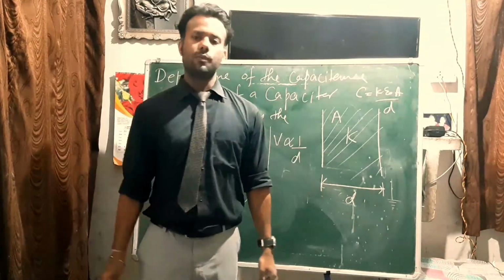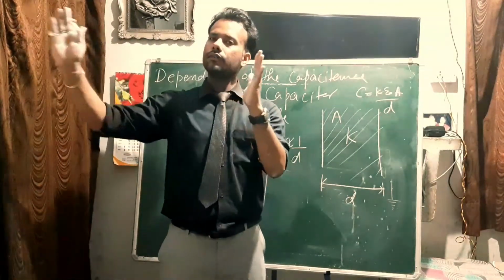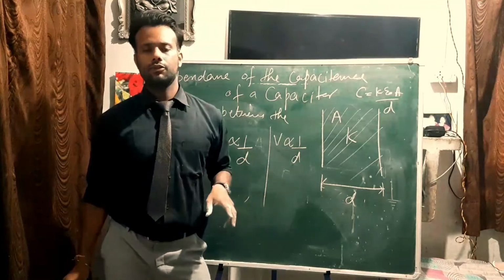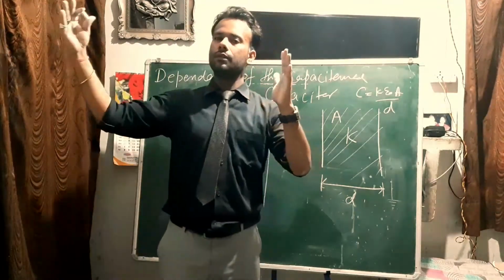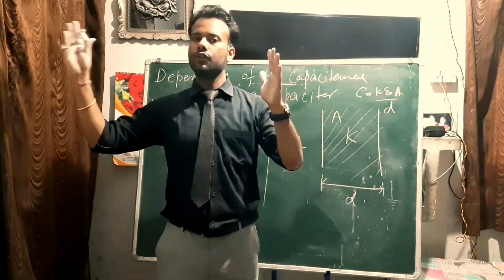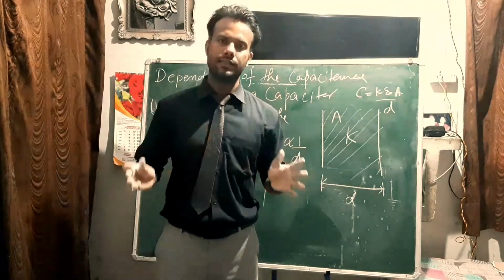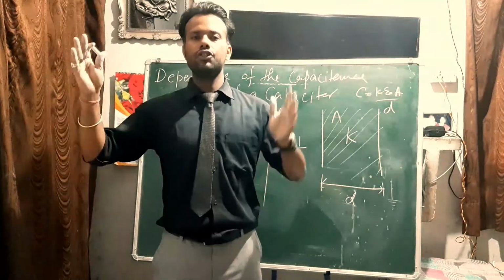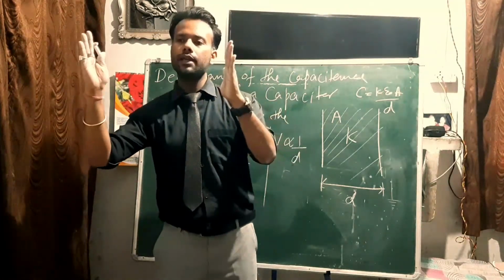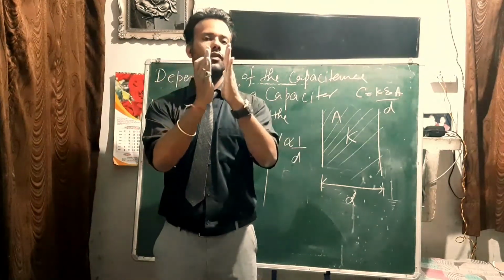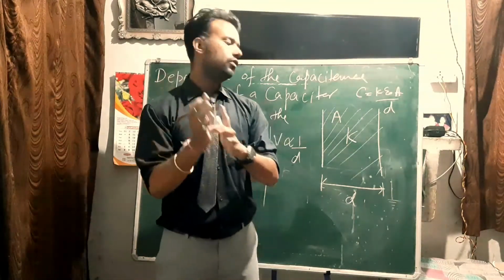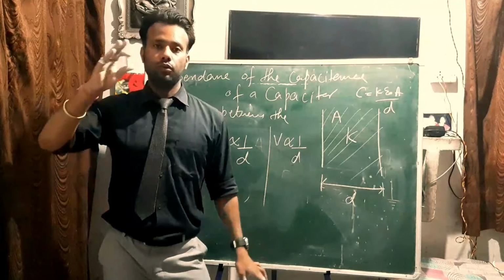If the second plate is far away, D is more; if D is more, V will be less. So if the plate is far away, the effect of its potential will be very, very less. In order to have more effect of this potential, I place this plate near to the first plate so that its negative potential acts on the first plate, and the potential gets decreased.